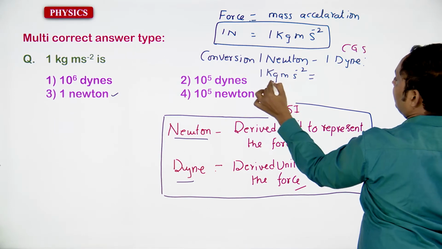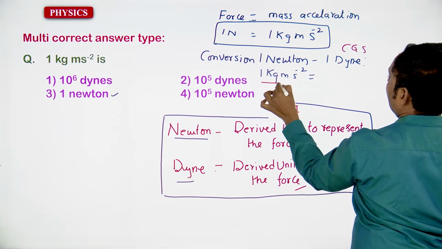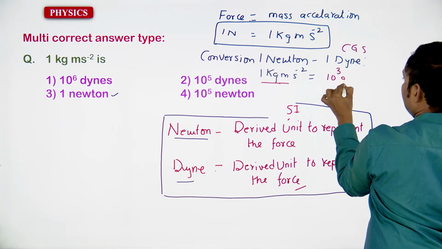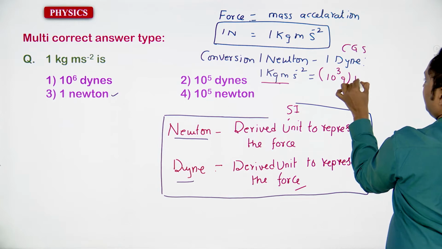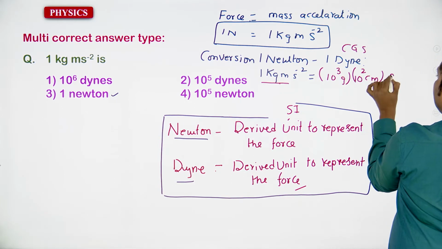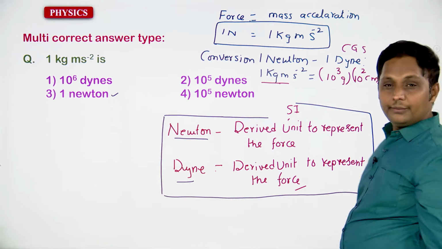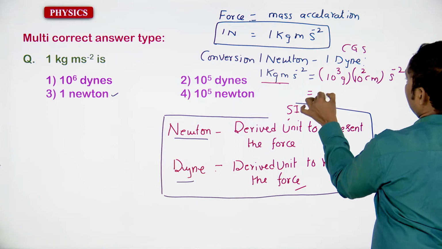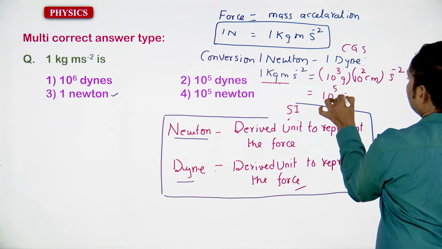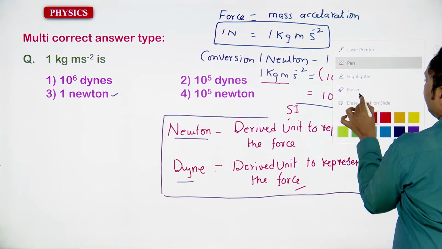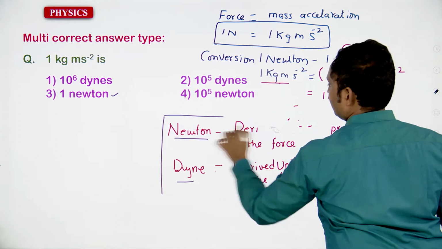So you have to convert: 10 to the power of 3 grams and 10 to the power of 2 centimeter, and time is in second. It's very clear. 10 to the power of 5 grams centimeter second inverse square. It's very clear.